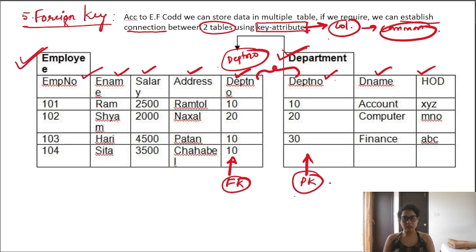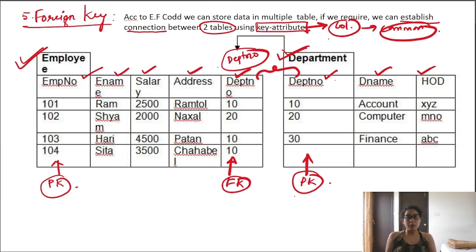Why do we use the primary key? Because whenever we want to uniquely identify a complete record, at that time we go for a primary key. So for the department table, department number will be the primary key, and for the employee table, I'll make employee number the primary key.